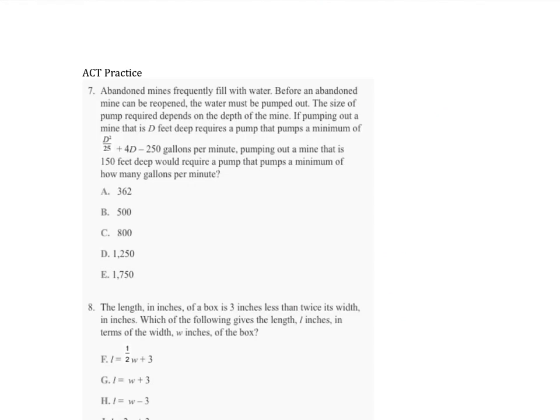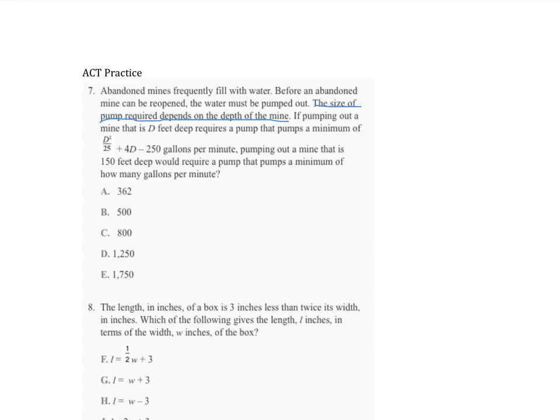Okay, we've got some ACT problems back here. Number 7, it says mines frequently fill with water. Before an abandoned mine can be reopened, the water must be pumped out. The size of the pump required depends on the depth of the mine. So that's kind of announcing some variables.